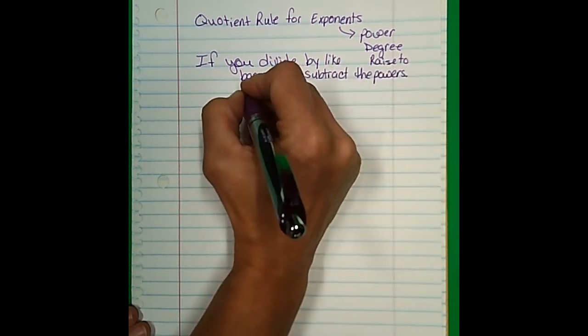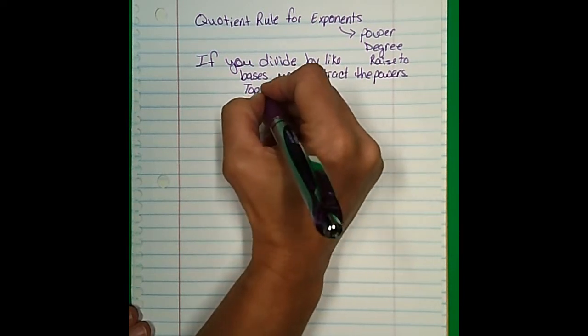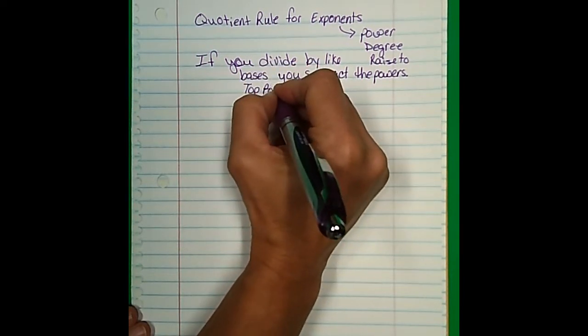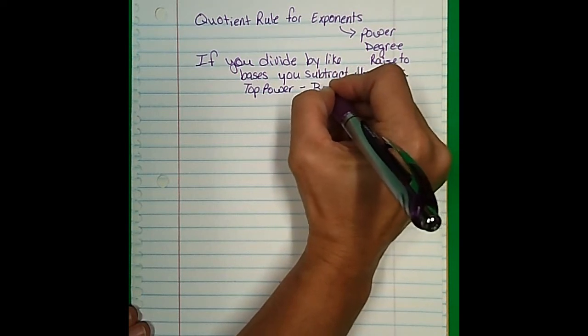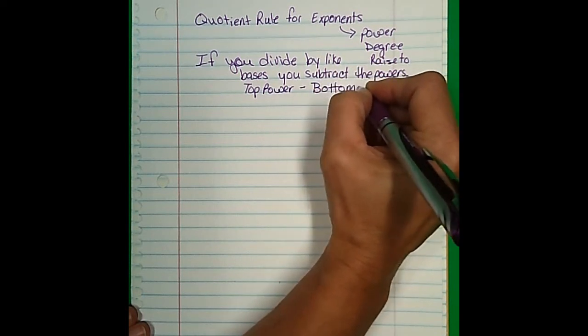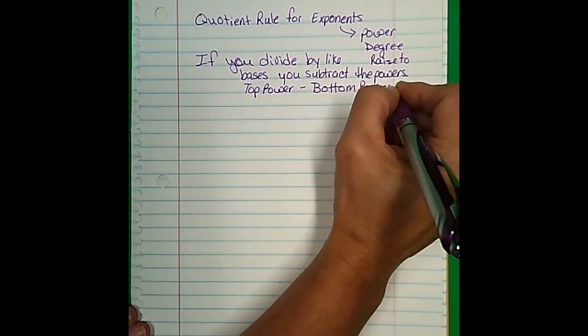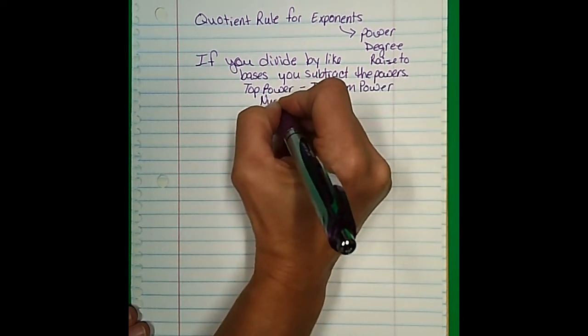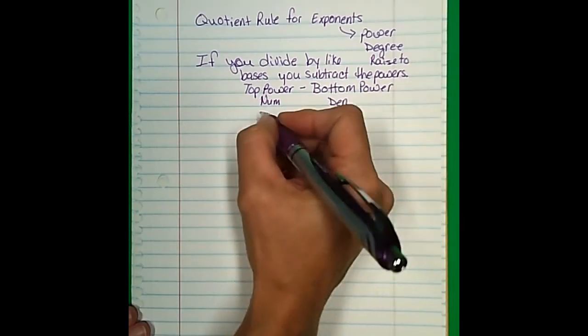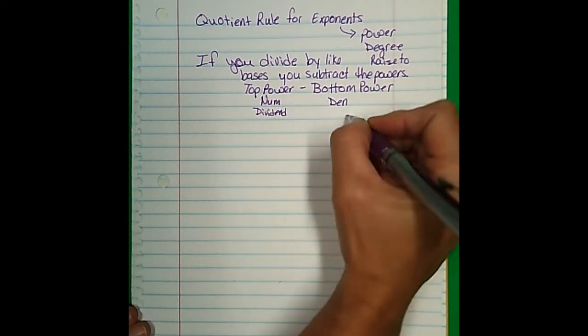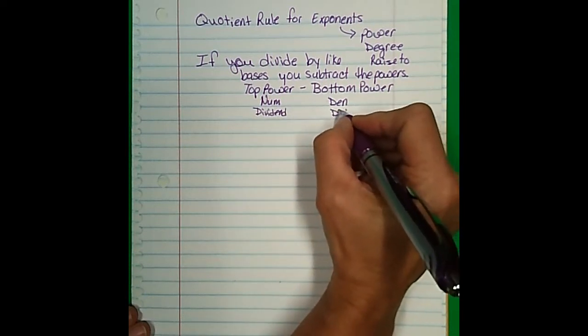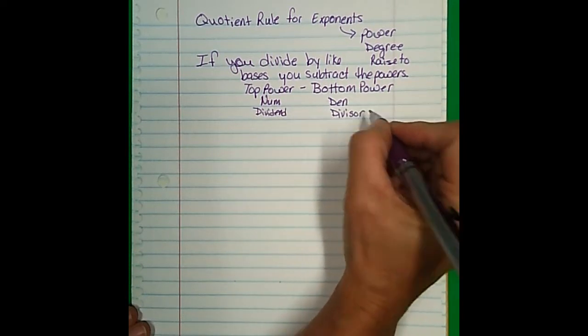And it is top power minus bottom power. We also call it the numerator power minus the denominator power, dividend minus the divisor, the powers on the dividend minus the powers on the divisor.